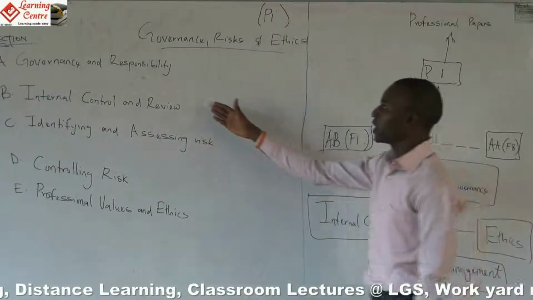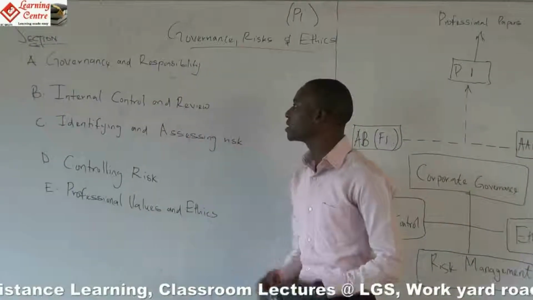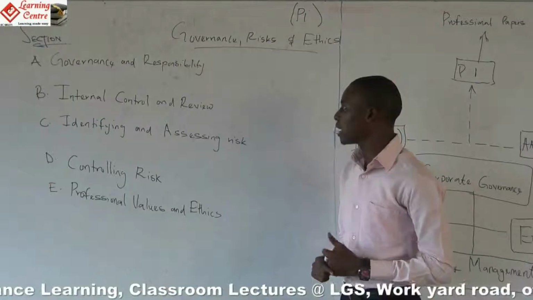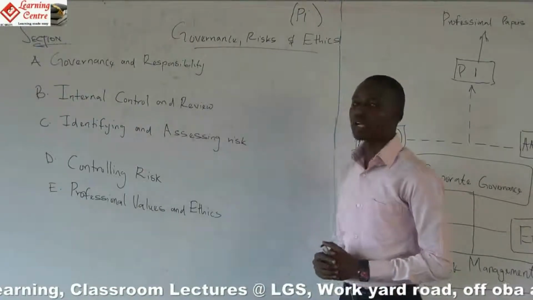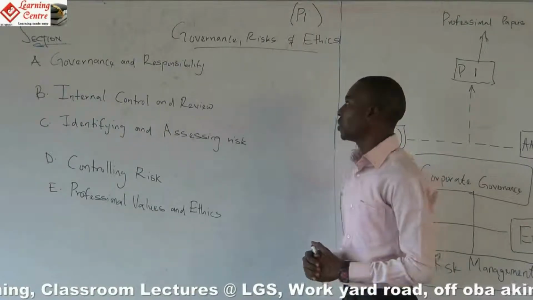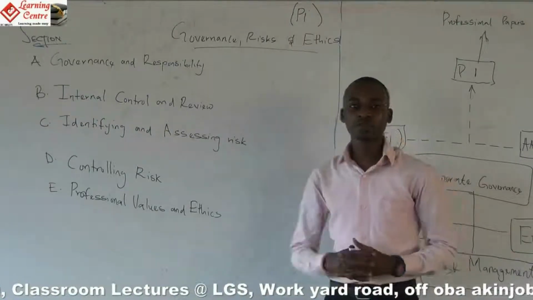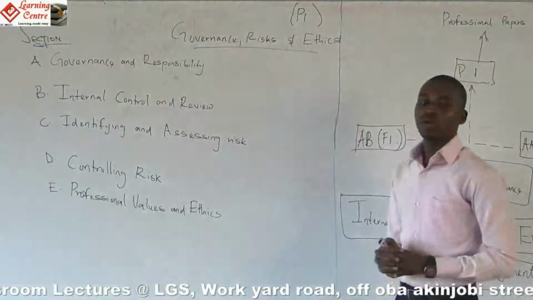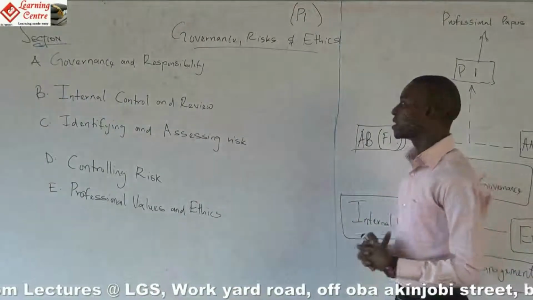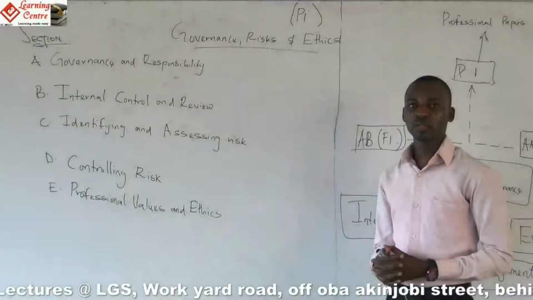The following are the main sections of the ACCA paper P1 syllabus. Section A is governance and responsibility. Under governance and responsibility, we will be focusing on how companies are affected by stakeholders and their directors.